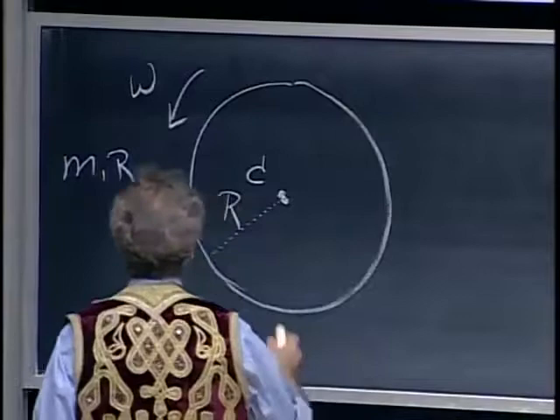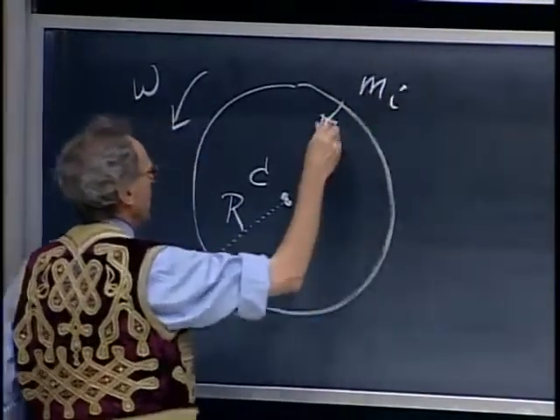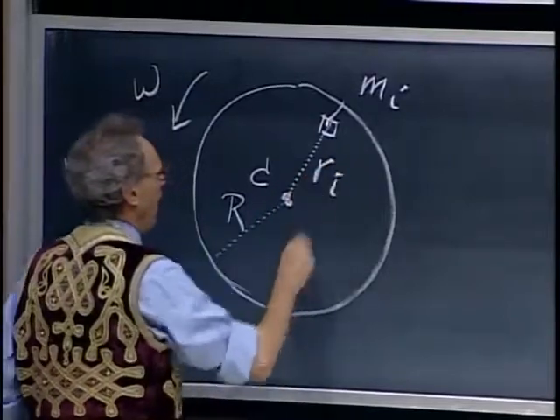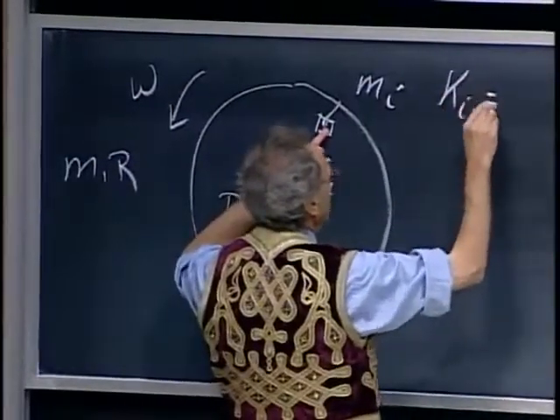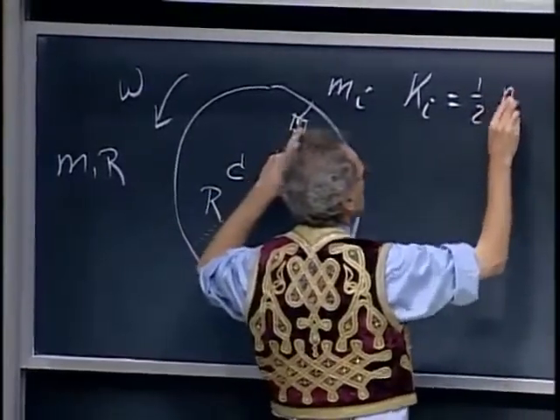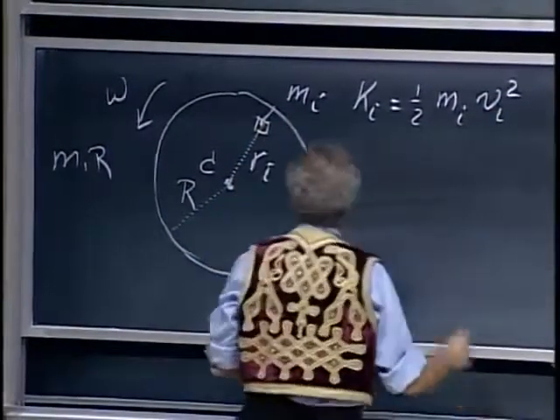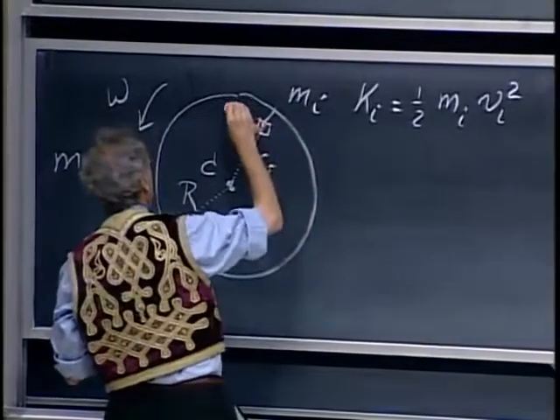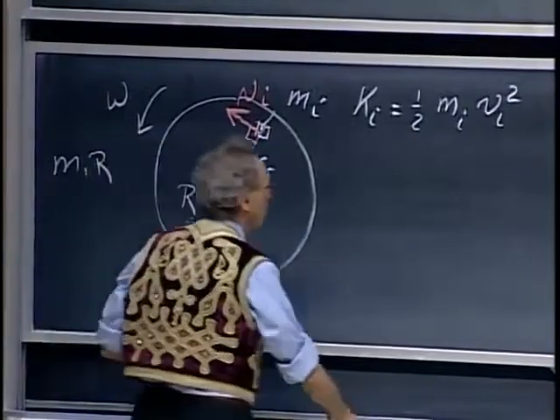I take a little mass element here, m_i, and this radius equals r_i, and the kinetic energy of that element i alone equals 1/2 m_i v_i squared, and v_i is this velocity, this angle is 90 degrees.